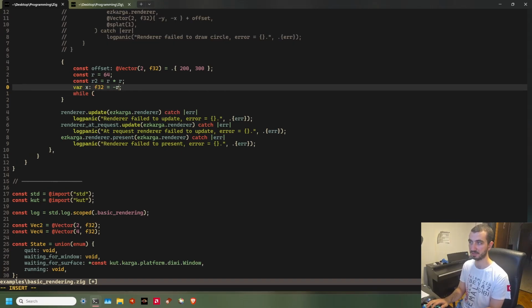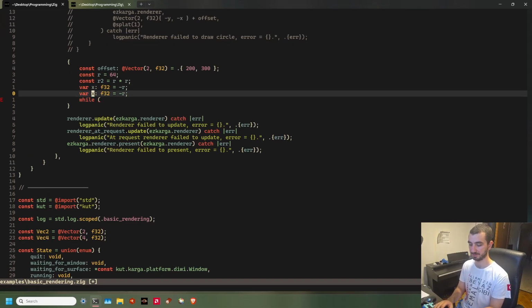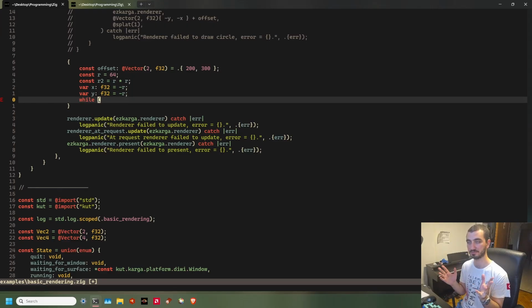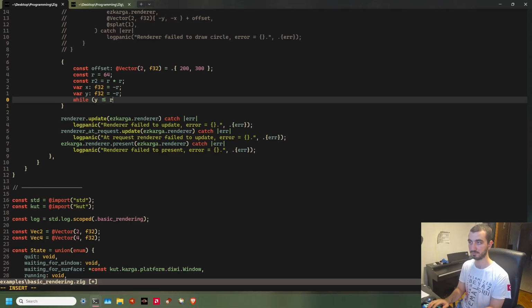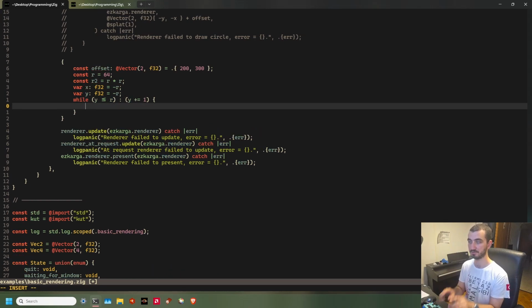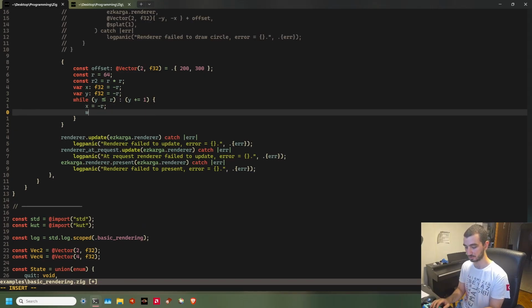This is minus R, and we're also going to have minus Y here. They're both going to start from the minus R. So we're going to go through Y first, and this is Y plus 1. Then for each Y, we set the X position to minus R, then go through each X position as well.